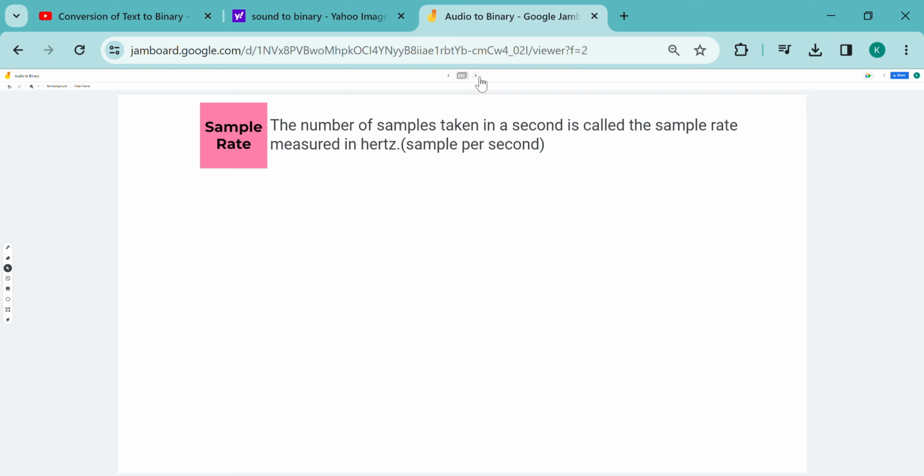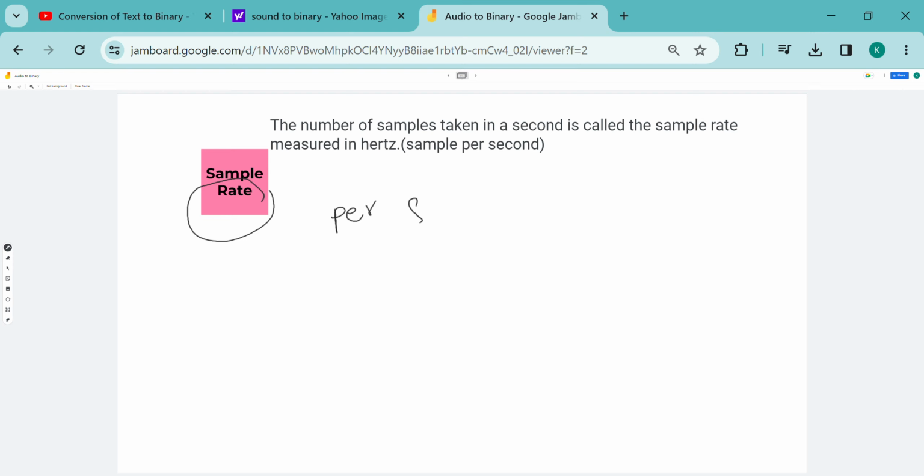Usually, the word rate is used for per second, so in any definition, if you see this word rate, it means per second. So the number of samples collected per second is known as sample rate, and we usually measure it in hertz. 1 hertz is equal to 1 sample per second.